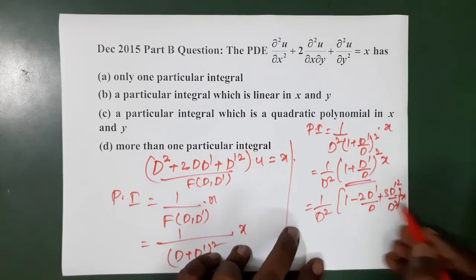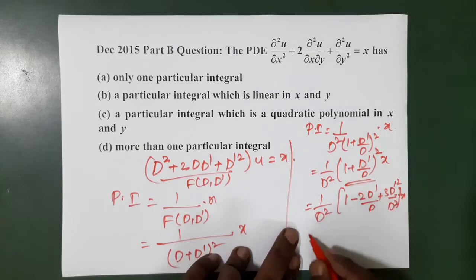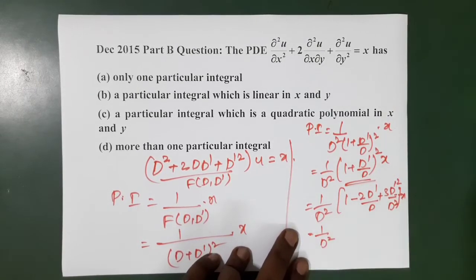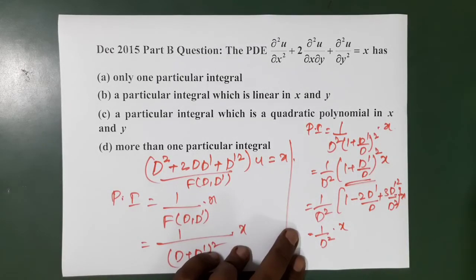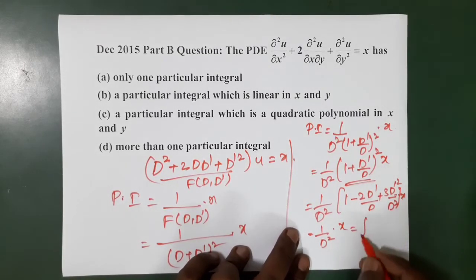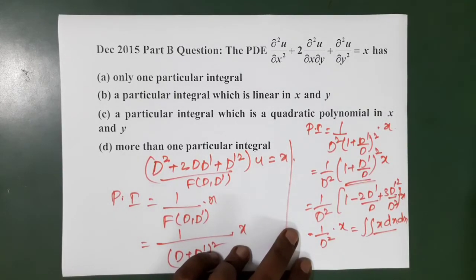So x, if you differentiate with respect to y, this becomes 0. So only 1 by D square into x remains. 1 over D square means two times integration.